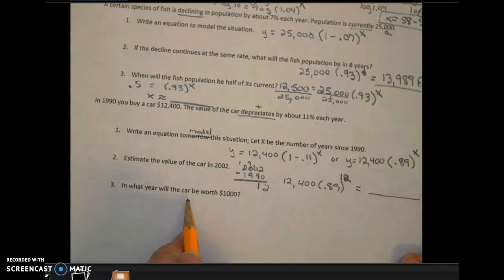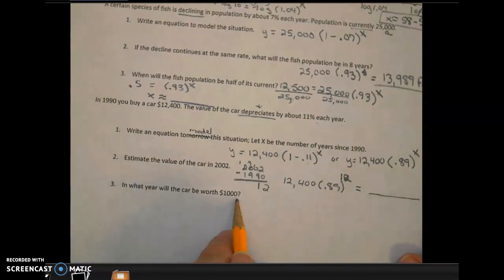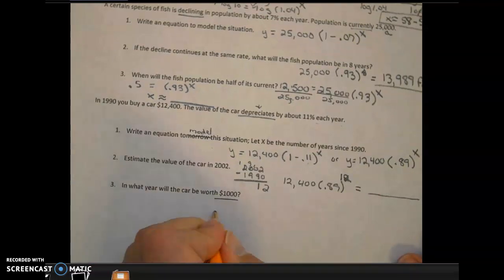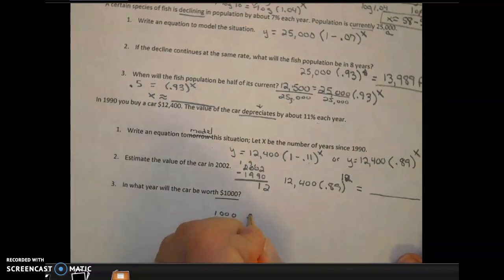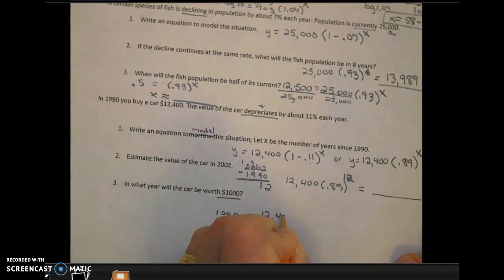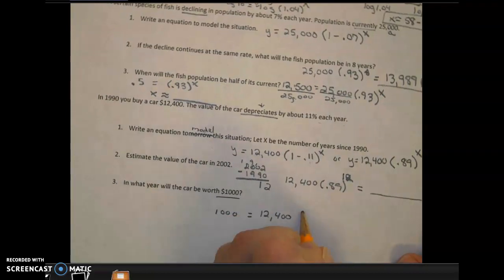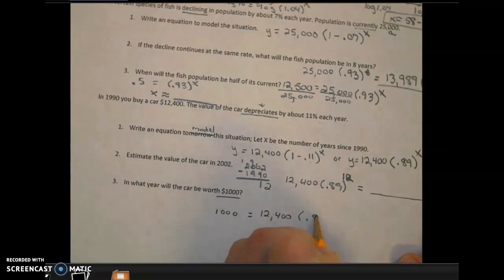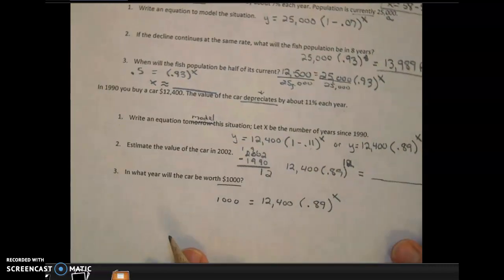In what year will the car be worth $1,000? So this is the ending amount. So doing the math here, we want to solve for x.